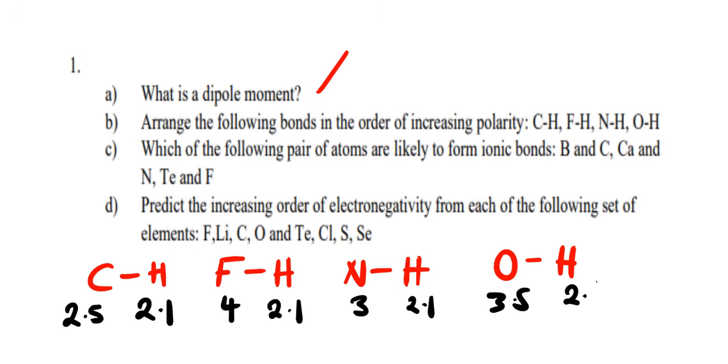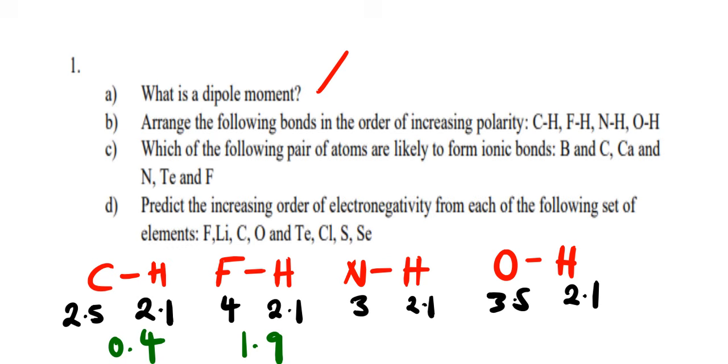Hydrogen is 2.1. Now let's find the difference between these ones, so that we see which one is the least polar. Between carbon and hydrogen, 2.5 minus 2.1, I'm finding 0.4. Then the second one, 4 minus 2.1, I'm finding 1.9.